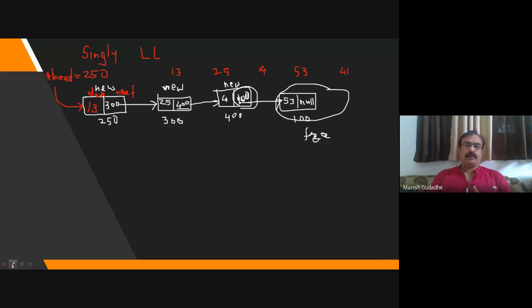Then we may insert some nodes into that. Those insertions will be either inserting at the end, or inserting at the beginning, or inserting in between two nodes at any position in the linked list. So the insertions will be at any point in the linked list.